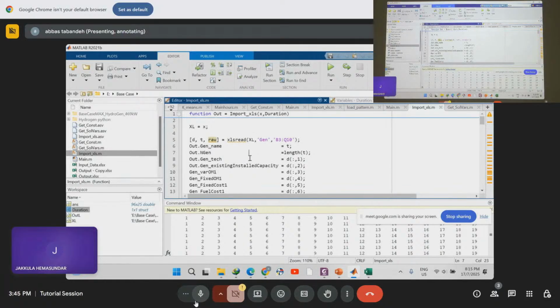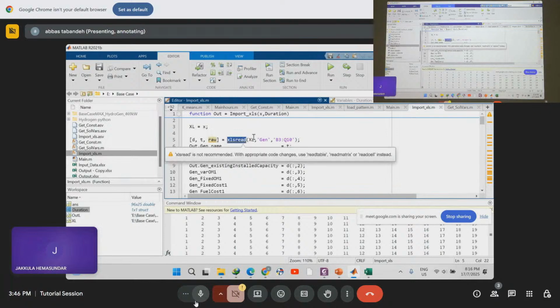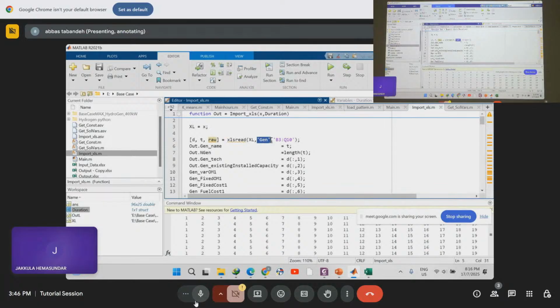So now it is time to read the data from Excel. We need to use this syntax, XLS read, and it will go to the GIAN. This is the name of the sheet, as you can see. XLS read file name, which is XL.